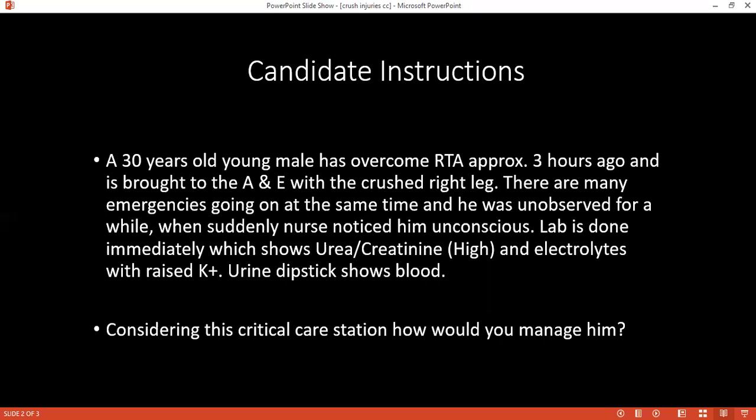Okay, good. All right. Can you tell me if you know the definition of myoglobin? So myoglobin is a protein which comes into the bloodstream due to rhabdomyolysis.